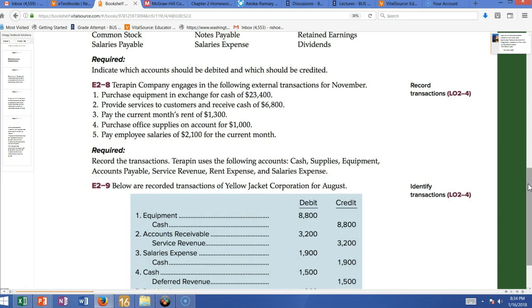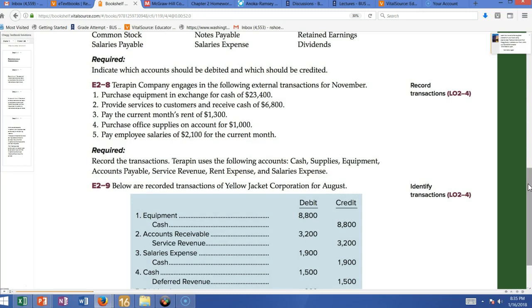Terrapin uses the following accounts: cash, supplies, equipment, accounts payable, service revenue, rent expense, and salaries expense. And that's it. So this particular transaction, purchase equipment in exchange for cash of $23,400, what are we going to do here? What 2 accounts are we going to use?